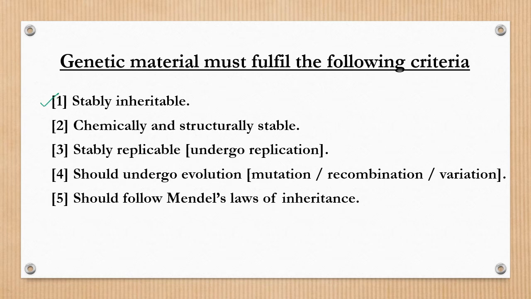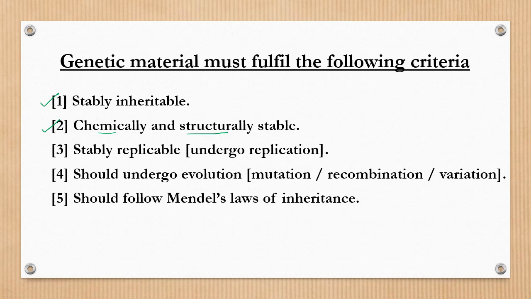It needs to transfer stably from one generation to another generation without any deviation. And the genetic material should have a stable chemical nature and structure, that is, it should be chemically and structurally stable.